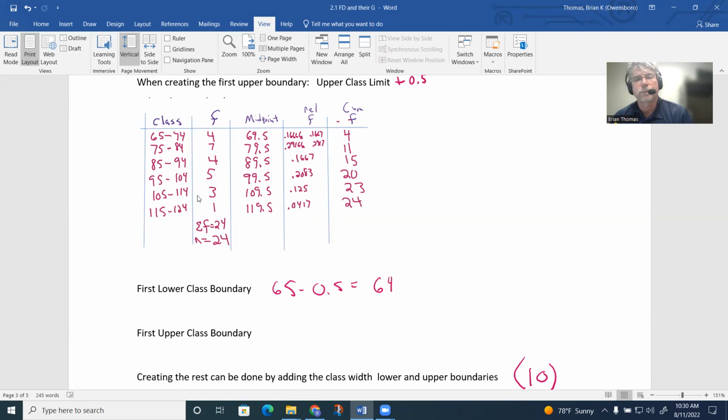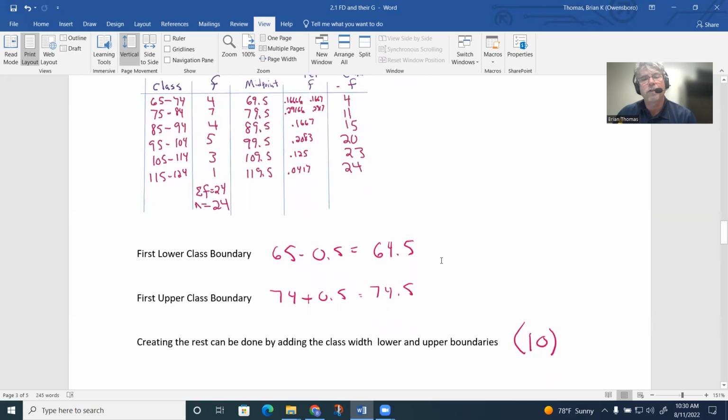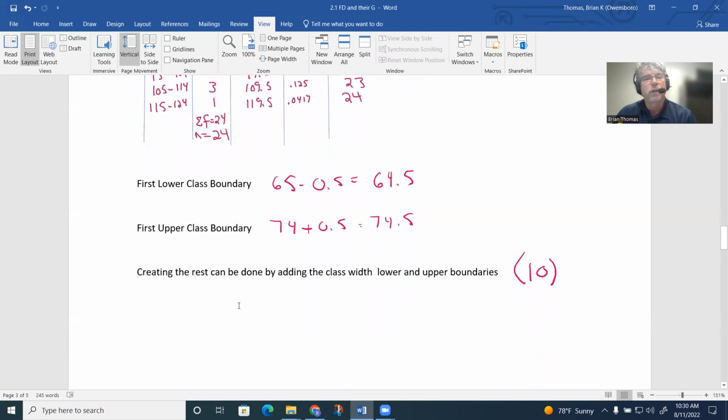That's going to be our first lower class boundary. To create our first upper class boundary, we have 74 as our limit, and we add 0.5 to that, which gives us 74.5. This is going to help us start creating our horizontal scale, using the 64.5 and the 74.5.